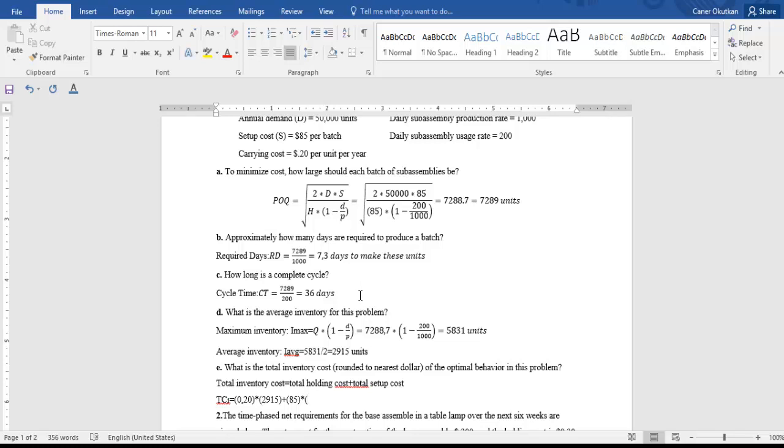For the number of setups, we use annual demand divided by production order quantity, equals 1166.19 dollars.